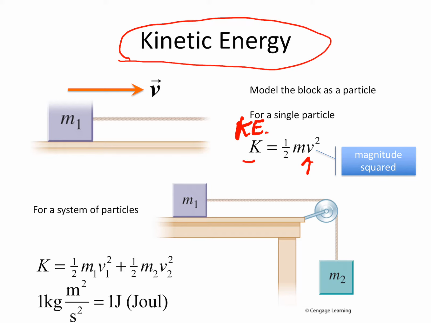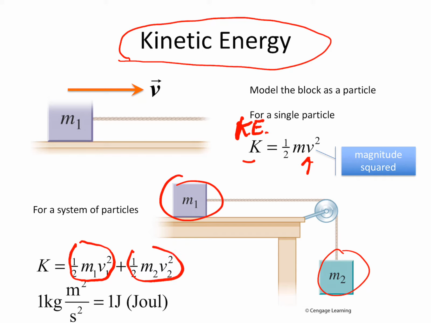Now if you have more than one object and they are moving, the kinetic energy of the system of two objects is the kinetic energy of m1 plus the kinetic energy of m2. So this is the kinetic energy of m1, 1/2 m1 v1 squared. This is the kinetic energy of m2, 1/2 m2 v2 squared.